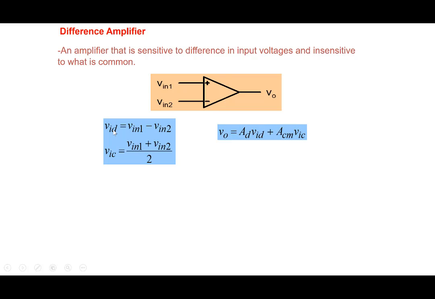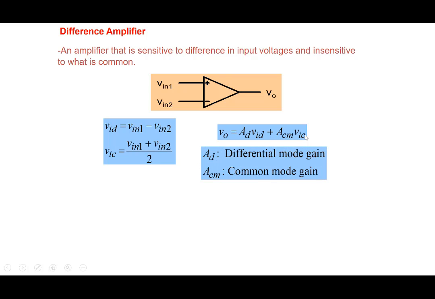Now, the output voltage: note that it's an amplifier, so V0 will be equal to some constant multiplied by Vin1 plus some constant multiplied by Vin2. Instead of writing it like that, we can write V0 as the differential gain multiplied by the differential input voltage plus the common mode gain multiplied by the common mode input voltage. So differential mode gain and common mode gain.